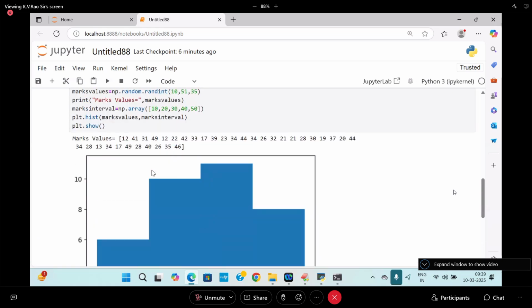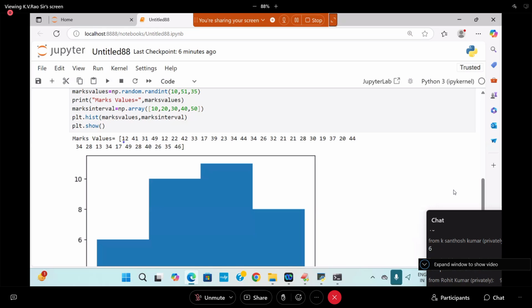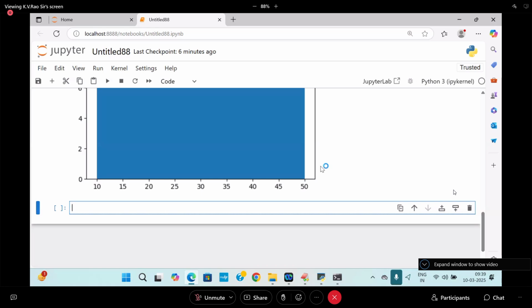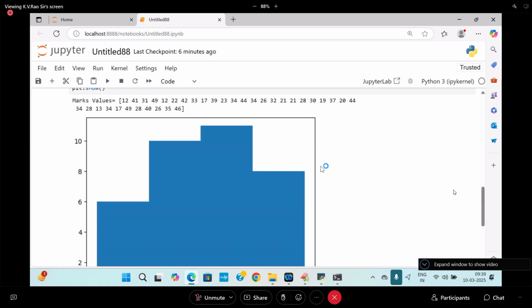Let me cross check also. 20 to 30: 22, 23, 26, 21, 28, 20, 28, 26. So 3 here, 3 here, 6 here, and then 10 here. Are you following me? Right, done. So you cross-check this. Is it a bar graph or a histogram?